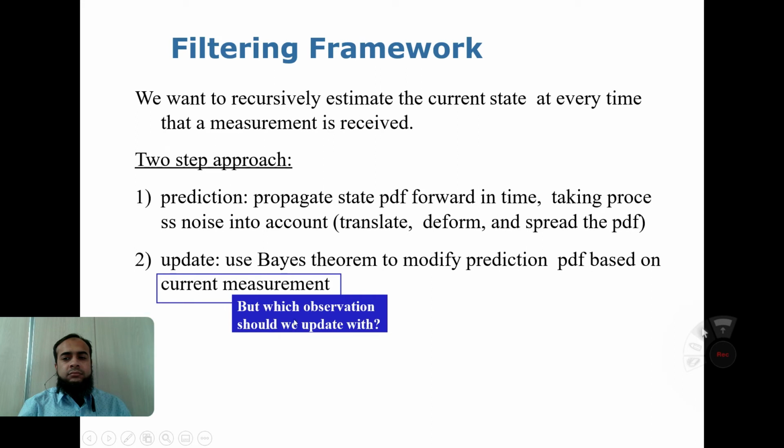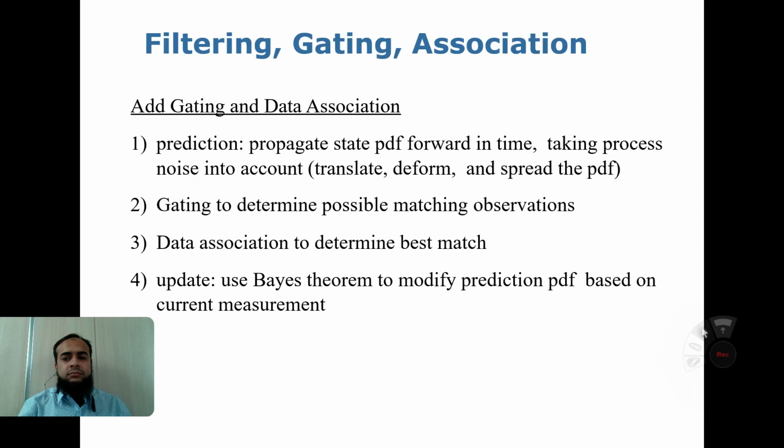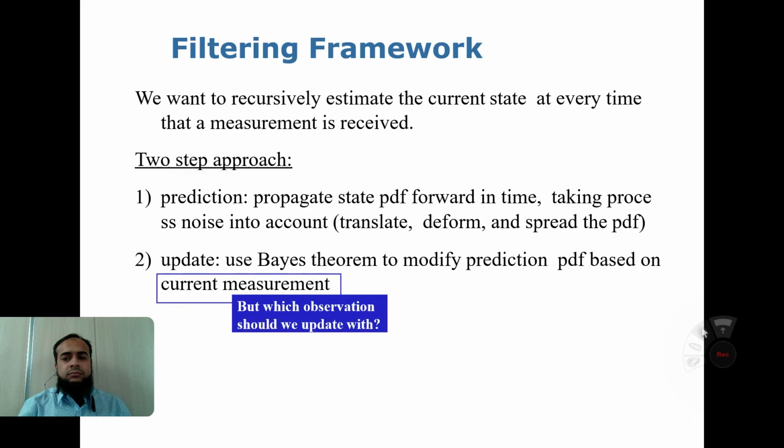The current measurement should be Z_k, where Z_k is the current measurement. Here the observation includes the true target as well as false targets, clutter, as well as all other random measurements. So we have to update the prediction using the current measurement.